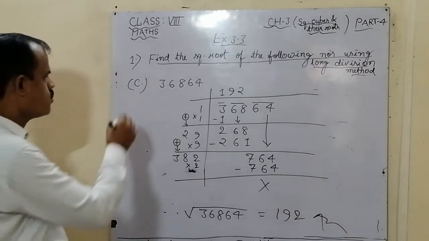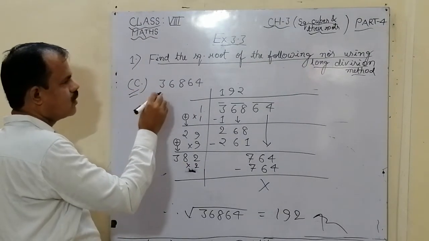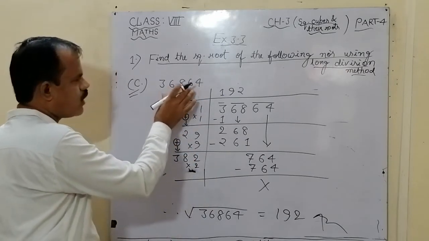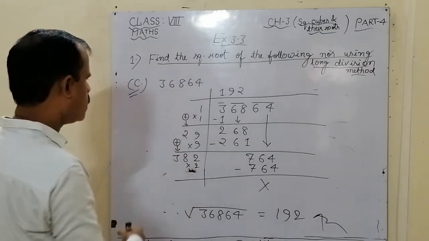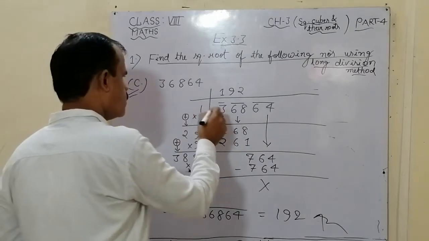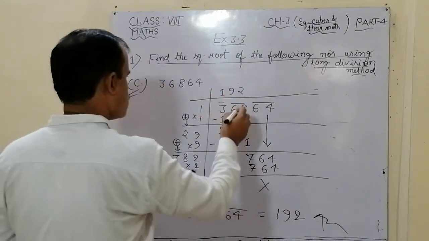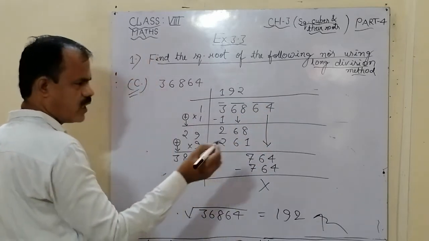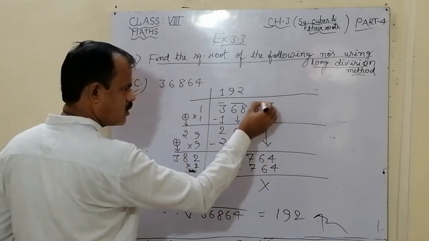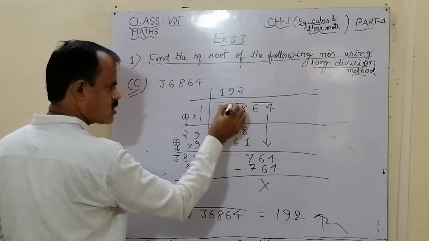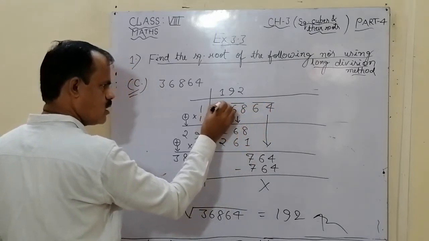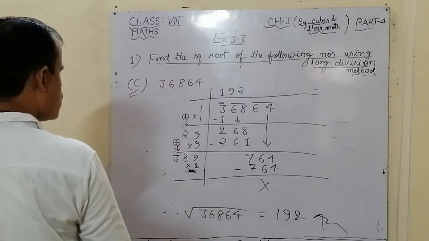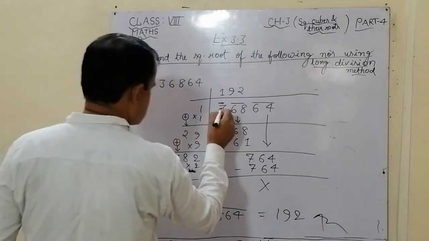Yes students, see one more part, C part, 36864. We have to find the square root of this number. First we write this number as the dividend, 36864. Now we have to make pairs from the right side. 64 one pair, 68 one pair, and 3 is single. Now consider the first pair on the left, that is 3.